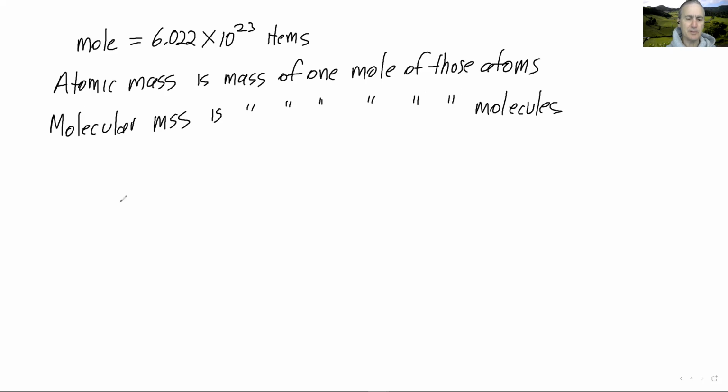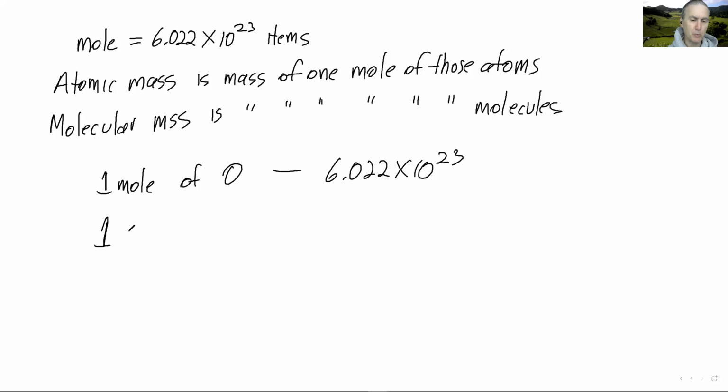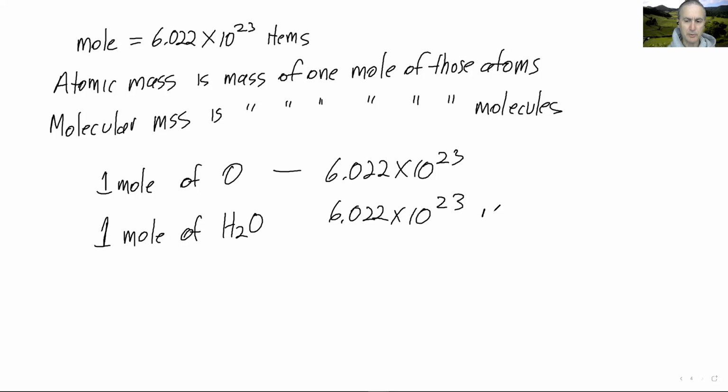So how many atoms are in 1 mole of oxygen? Well, there is 6.022 times 10 to the 23rd. How many molecules there are in there in 1 mole of water, H2O? Well, there are 6.022 times 10 to the 23rd molecules.